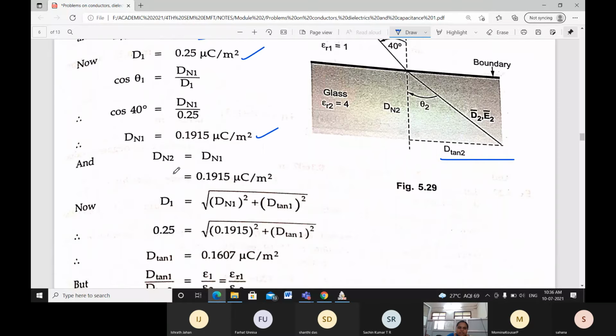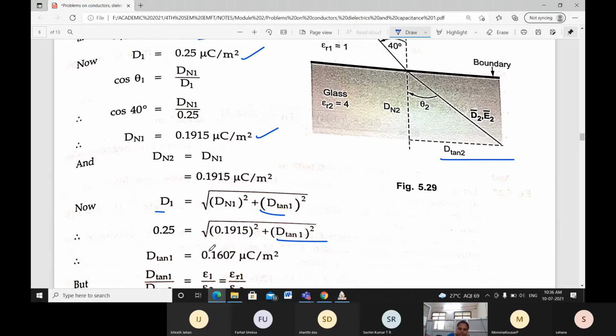Then what is our D1? It is the square root of dN1 square plus d tan 1 whole square. Therefore, we want d tan 1, which we don't know. For that reason, substitute for D1 and dN1 and calculate d tan 1.